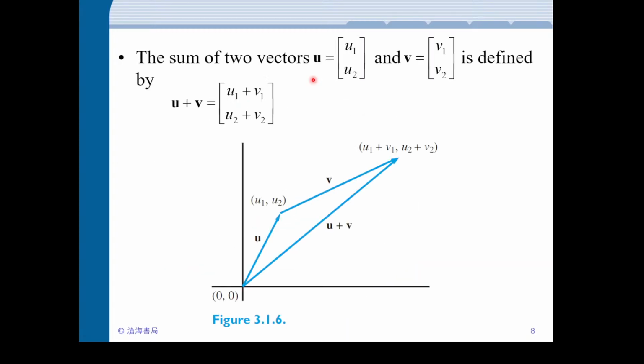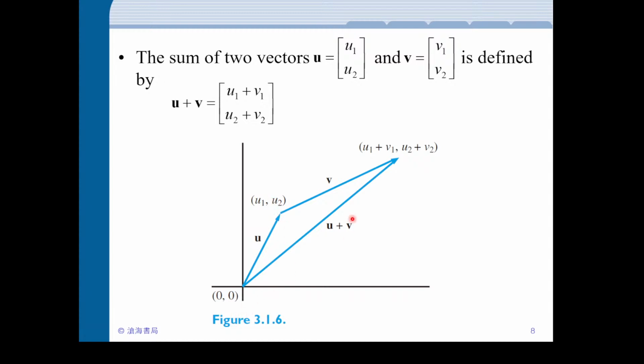Then the second thing you can do is sum two vectors together. You have some vector u and some vector v. u has two coefficients u1 and u2, and v has coefficients v1 and v2. Then u plus v is the vector that has coefficients u1 plus v1 and u2 plus v2. Geometrically, you can draw it like this.